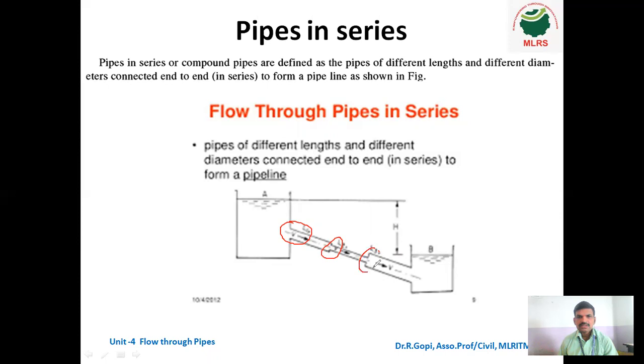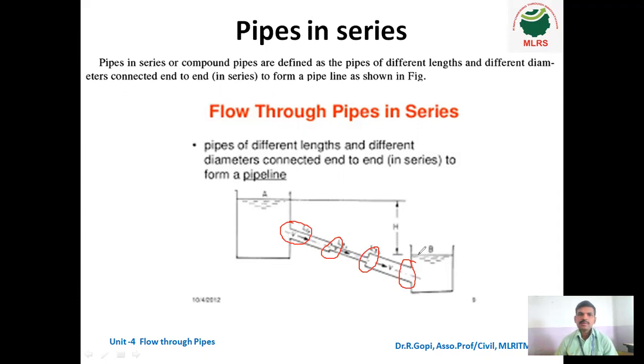Then there is a loss of head due to sudden expansion, a loss of head due to friction in the third pipe, and a loss of head at the outlet. So totally 4 minor losses and 3 major losses occur, 7 losses in total.